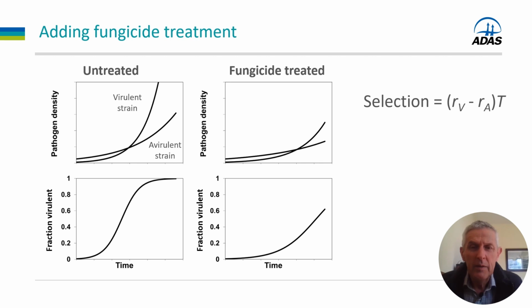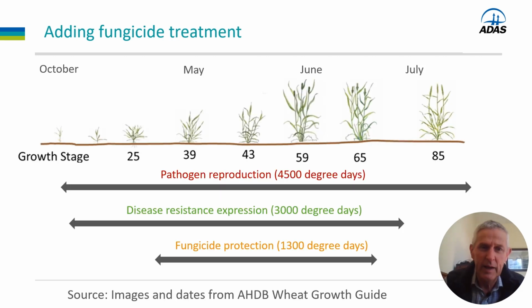Now, the limitation on this is that the benefit of having the fungicide treatment only occurs during the period when the fungicide is slowing the epidemic and the resistance gene is effective. And we can see how that plays out in the next slide.